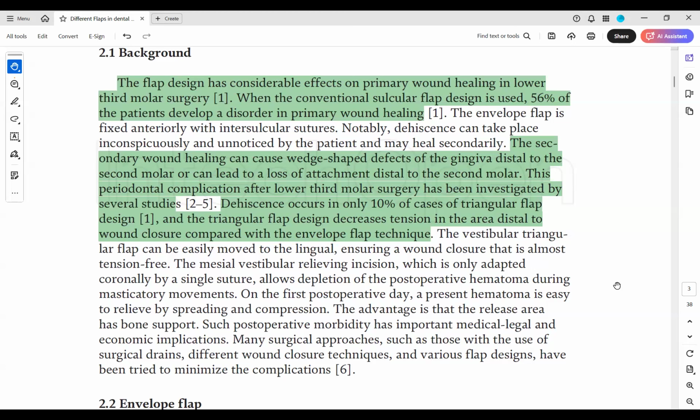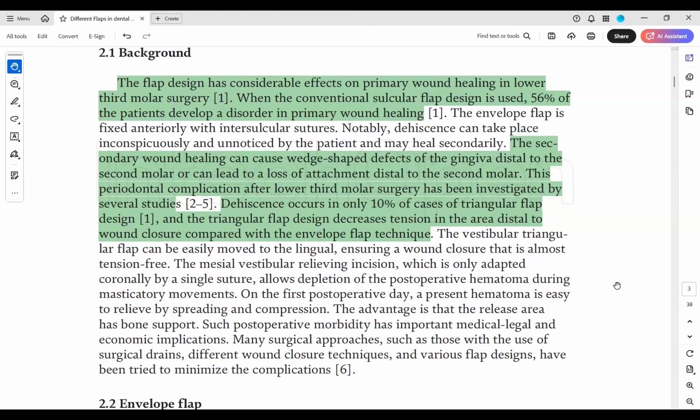So the envelope flap was associated with those kinds of defects more than the triangular flap. Dehiscence is one of the complications linked far more to the envelope flap compared to the triangular flap. Limited tension, limited defect formation, limited attachment loss.